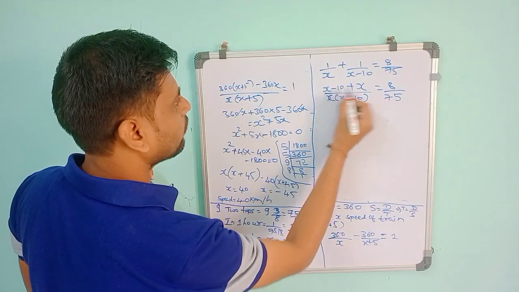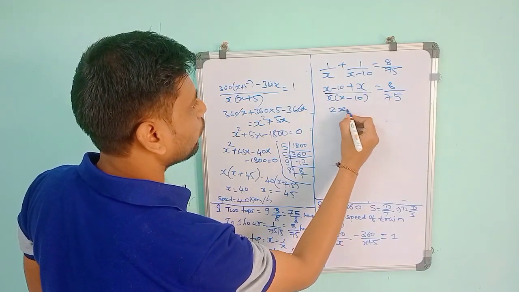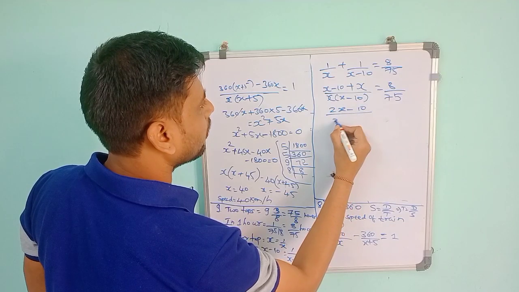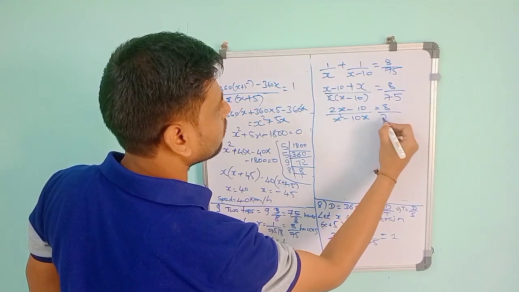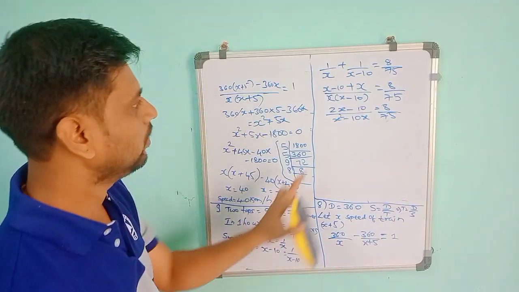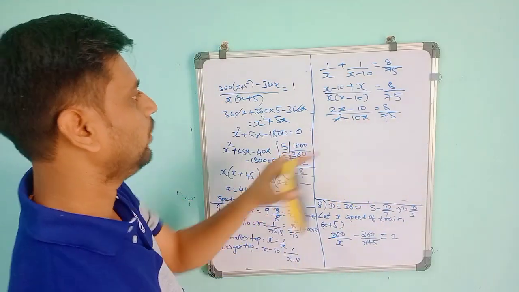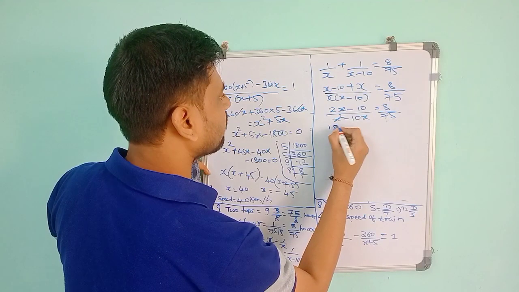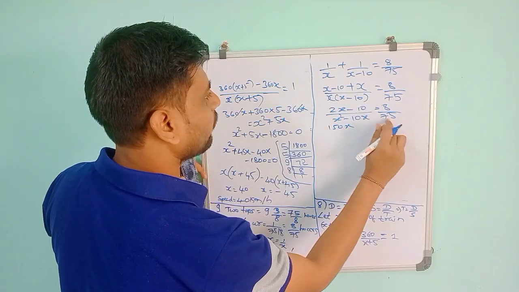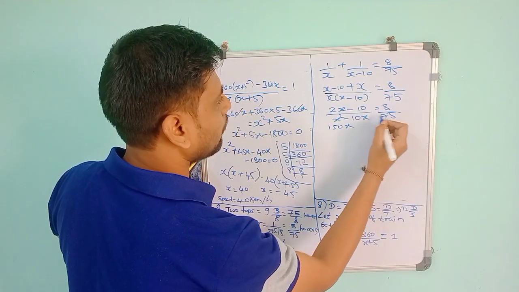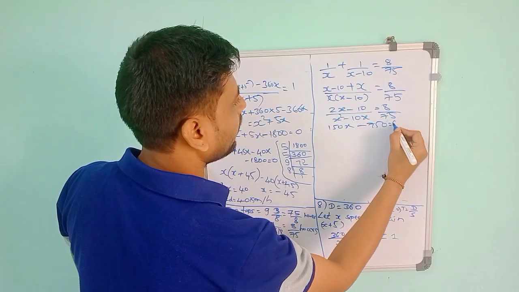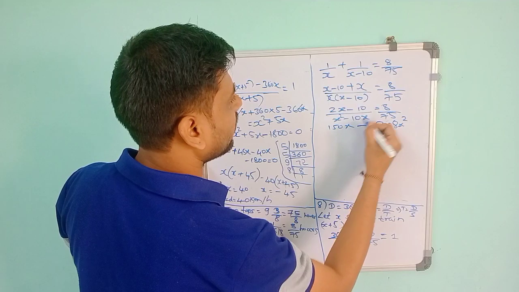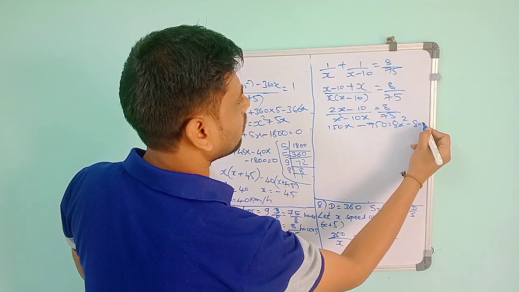Next step, x plus x is 2x, so 2x minus 10 divided by x square minus 10x is equal to 8 by 75. By cross multiplication, 75 into 2x is 150x, and 75 into 10 is 750, equal to 8x square minus 80x.